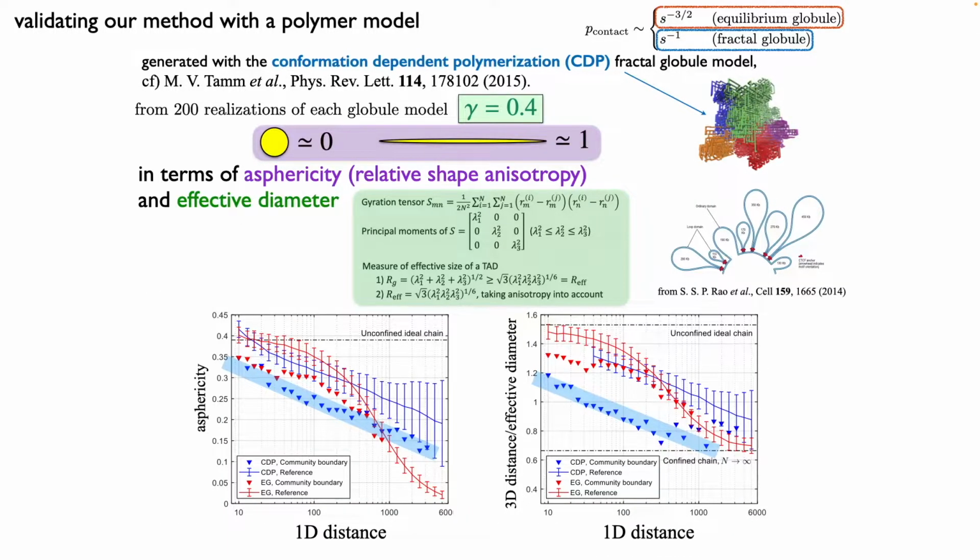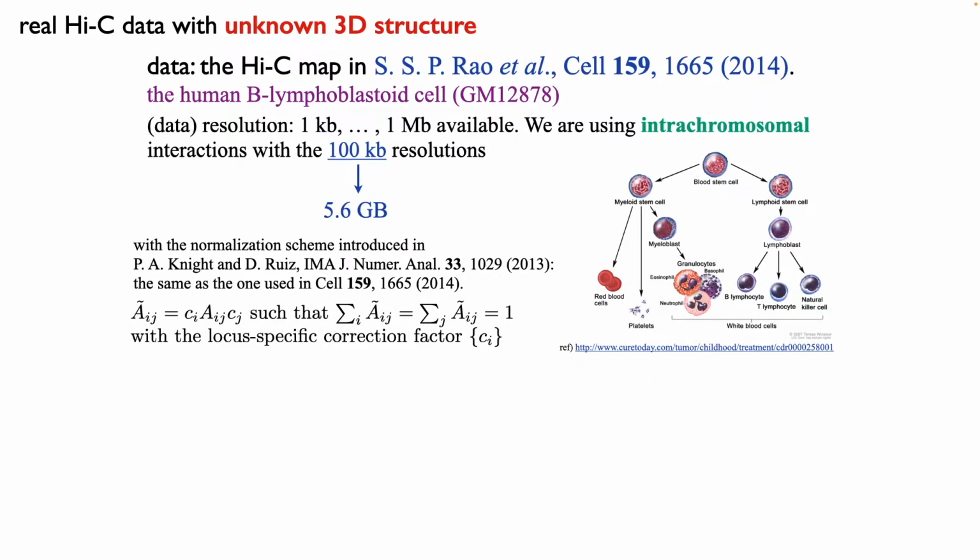In addition to such a scaling behavior, we measure geometrical properties such as the asphericity or relative shape anisotropy. We can check communities we detect for the CDP model are again systematically more compact or, well, literally a globular shape.